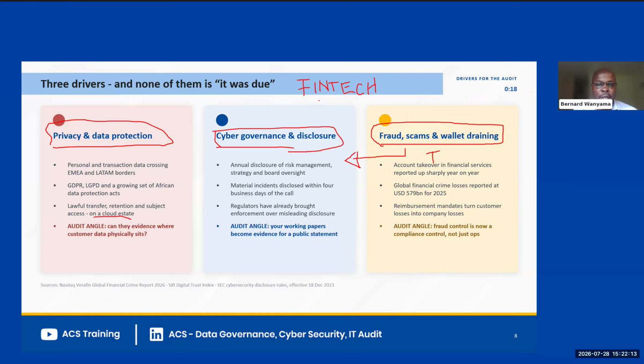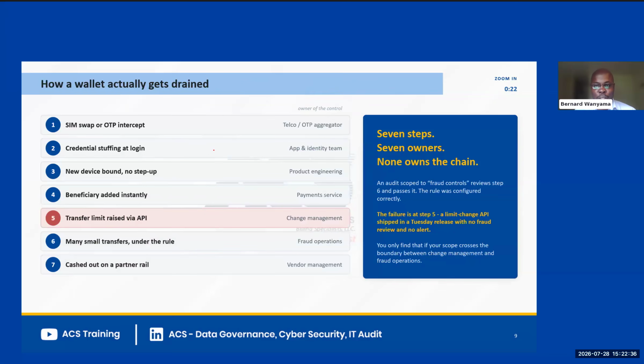Different organizations have their own different pressures, and so it's very important to be able to understand what the organization is going through at that particular point in time and how it's going to be able to respond to that particular pressure. Any questions or comments as we go along? Please feel free to share in the Q&A.